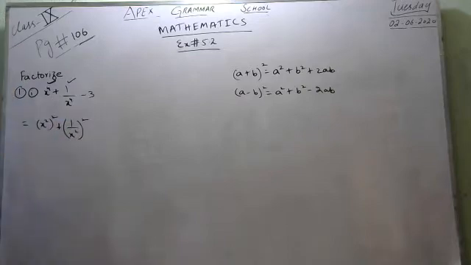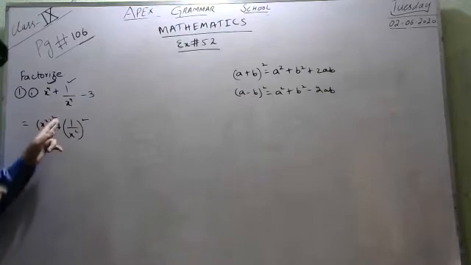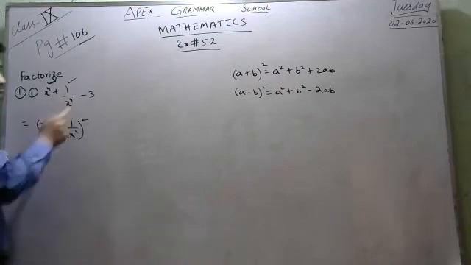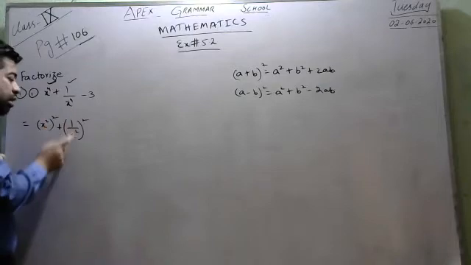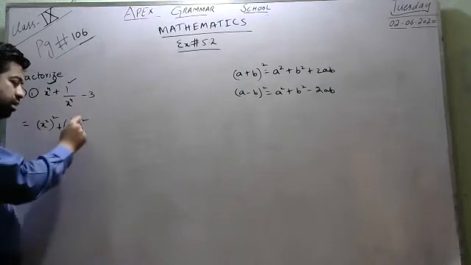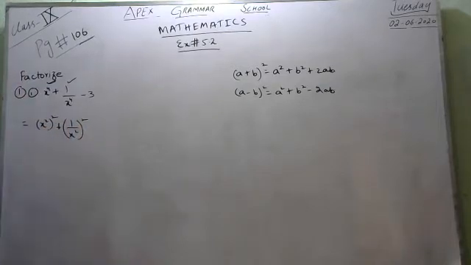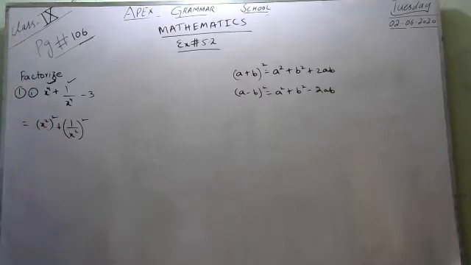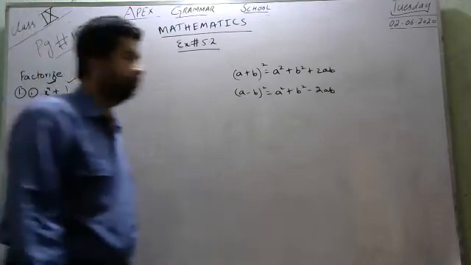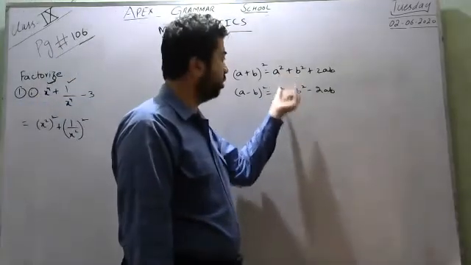This is b square. x raised to the power 4 is just like the square of x square, so we can write it as 1 over x square whole square. This is a square now, this is b square. After that, a square plus b square, a square plus b square.